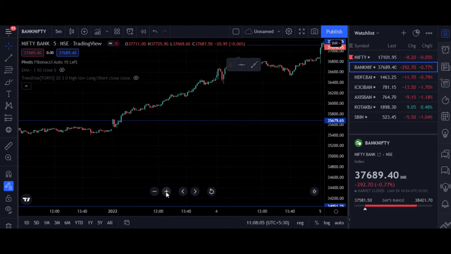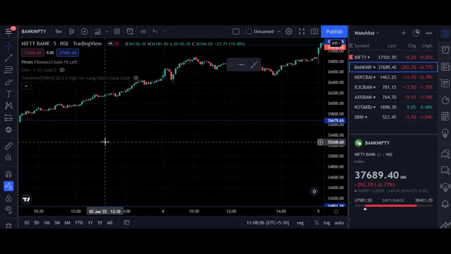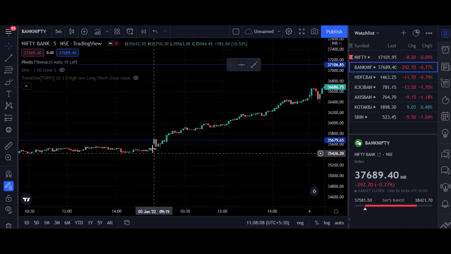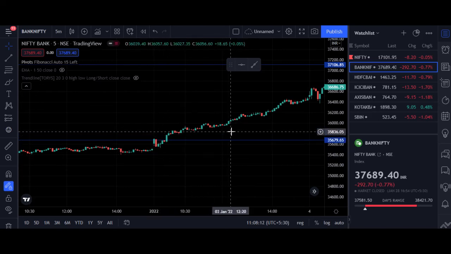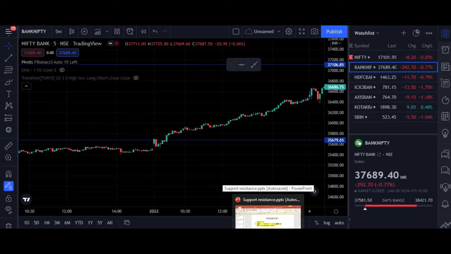Then coming to breakout. Breakout happens in these 3 scenarios. First scenario is higher lows, ascending triangles; second, lower highs leading to support; and third is consolidation. What is higher lows, ascending triangle? Again we will come to the chart.